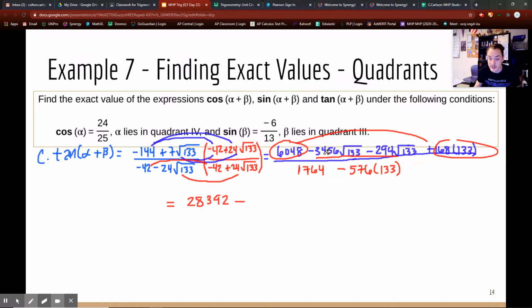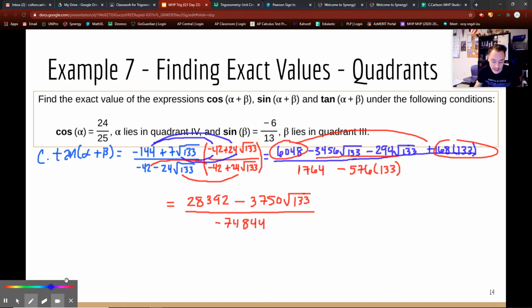When I simplify just this and then add it to that because they're the same signs, I get 3,750, and then of course treat the radical like a variable, so radical 133 gets tagged on. And then when I do the bottom here, when I multiply this first, and then I have that, I get negative 74,844.